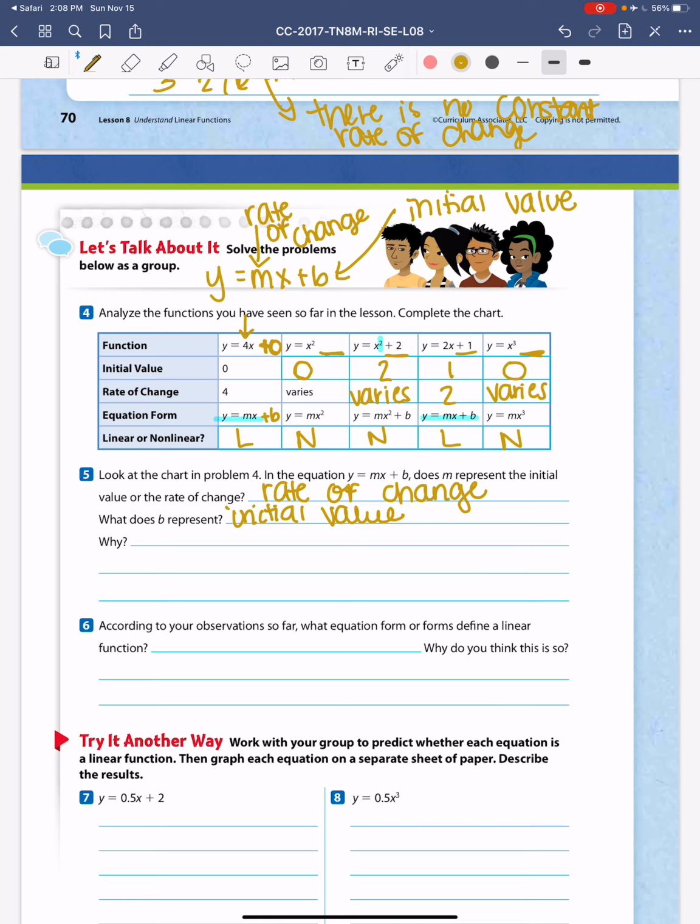And y. The answer is that to find the y value for any x value, you multiply the rate of change by the x value.